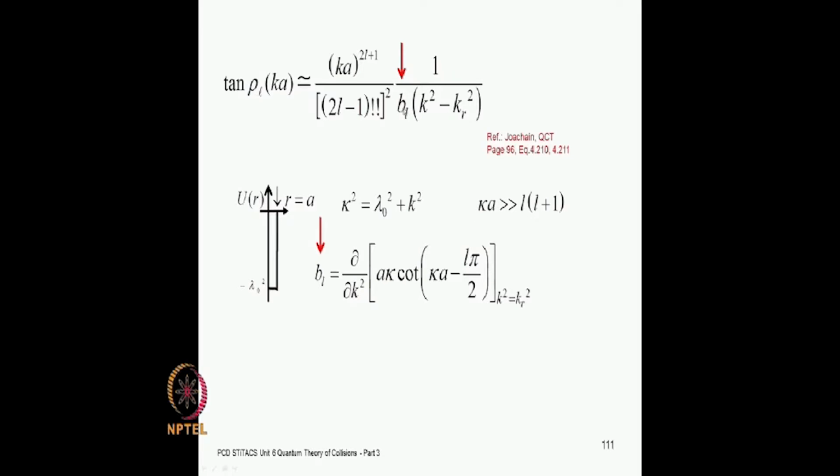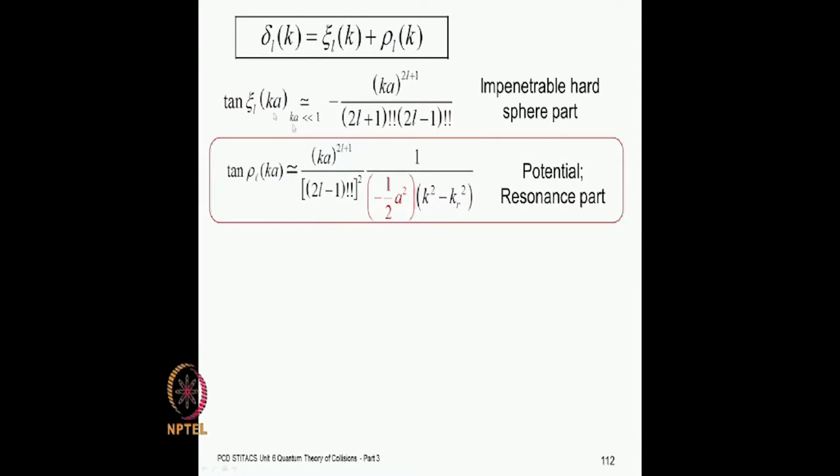So, you need this BL, and for that all you need to do is to get this derivative, which you can get quite easily, and find the value of the derivative at the value of k square when k square is equal to kr square. That result turns out to be minus a square by 2. So, I will put this value of BL over here, and then we will analyze the tangent of rho.